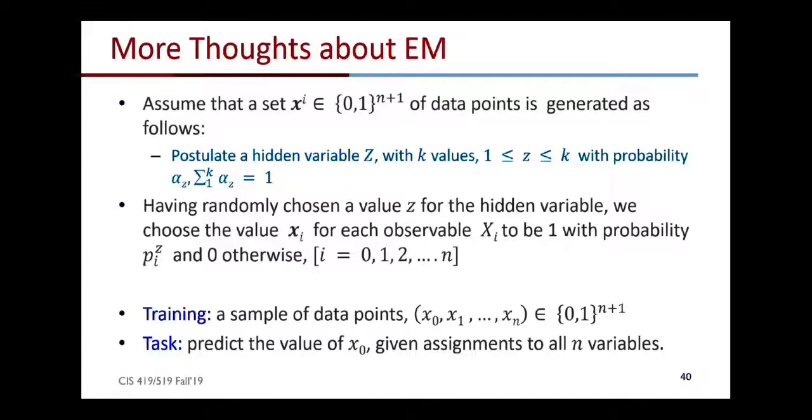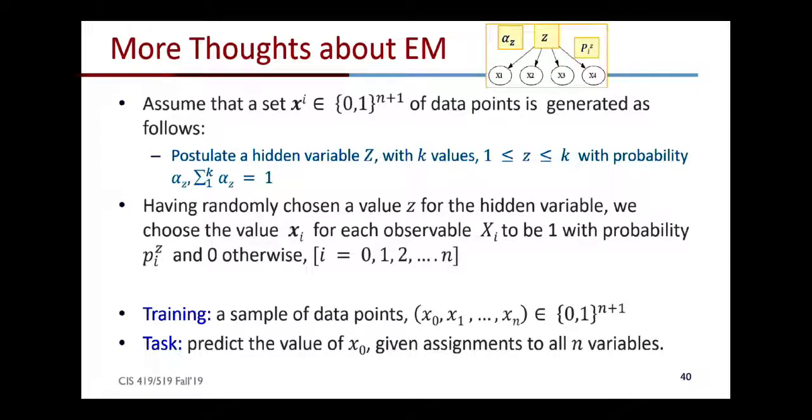The sum of the alpha z's is 1. Having chosen a value for z as the hidden variable, I choose values of xi, for i from 0 to n, where the probability that I assign the value xi is pi z. z is the value of the hidden variable.